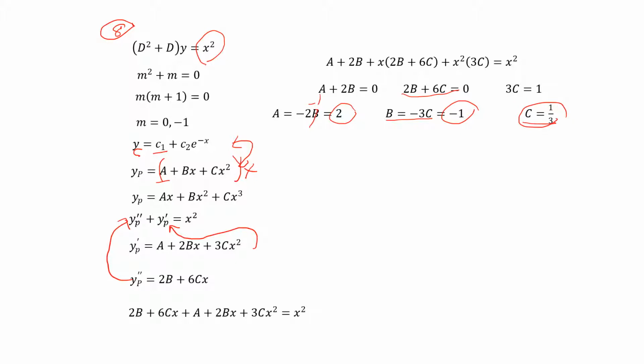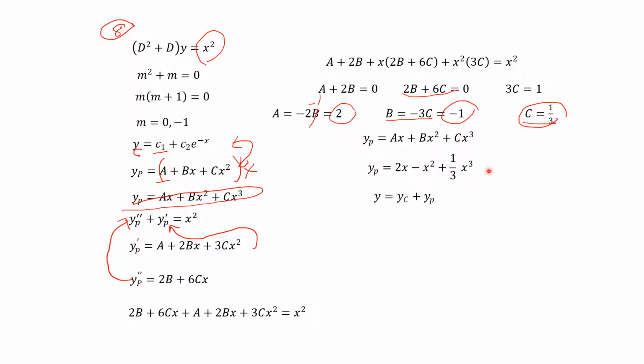So we will use this equation, this one. This is our particular solution, and therefore our particular solution here is ax plus bx squared plus cx cubed, plugging the values of a, b, and c, you get yp is 2x minus x squared plus 1/3 x cubed.